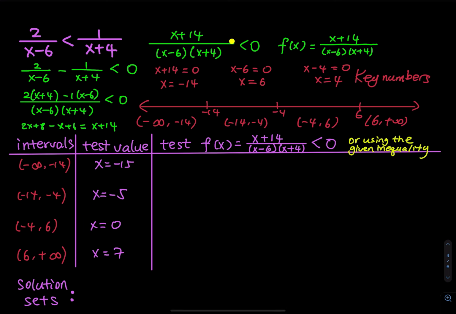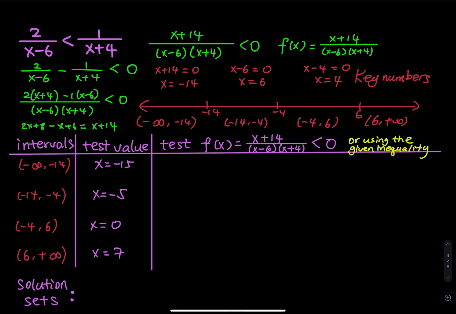You have this big fraction less than 0, and you claim that to be your function. You plug in each individual test value to the function to see which one is less than 0. The second way is to plug in each test value to the given inequality to see which one is satisfied. You have 4. I will just stick with the function.